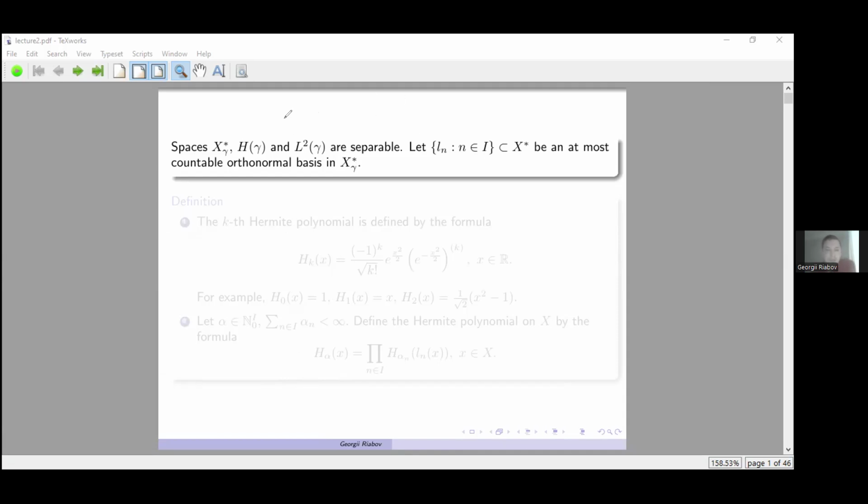Okay, so I recall that X is a separable Banach space. X star is a dual of this space. And gamma is a Gaussian measure on X. X star gamma was defined as a closure of the dual space in L2.